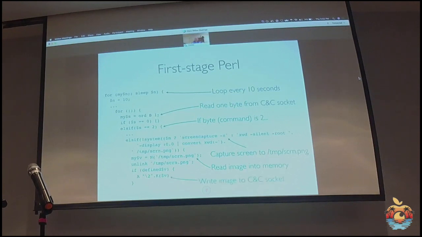And finally, it would write that image out to the socket, sending it back up to the command and control server. So this is just an example of one thing that it did. It could also do things like capture images through the webcam. It could download files. It could execute arbitrary commands. You name it, it's got all the standard command and control behaviors.